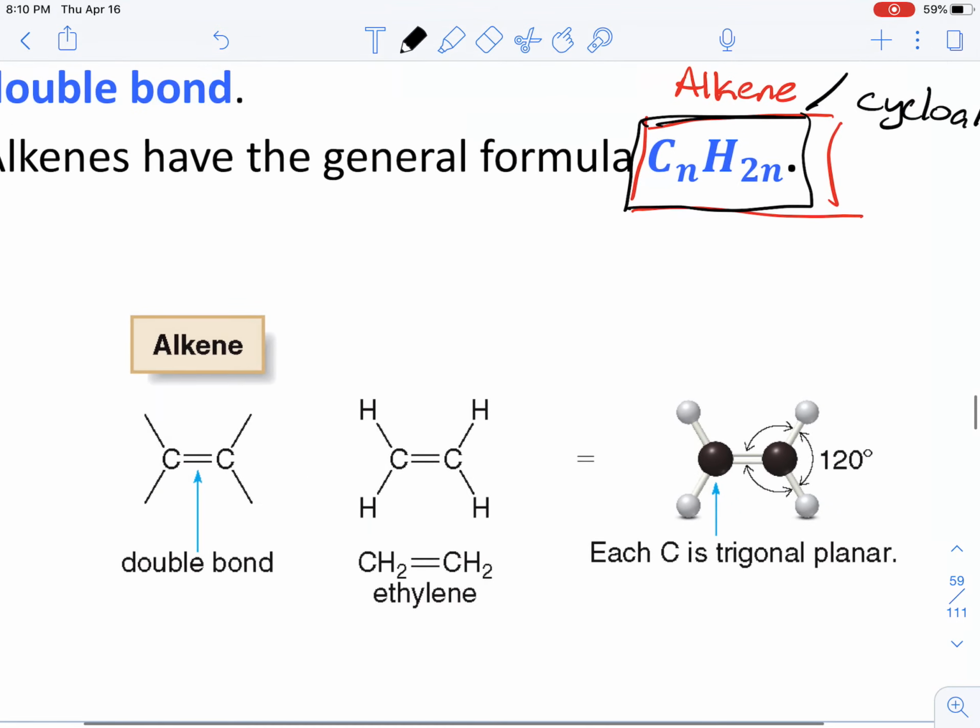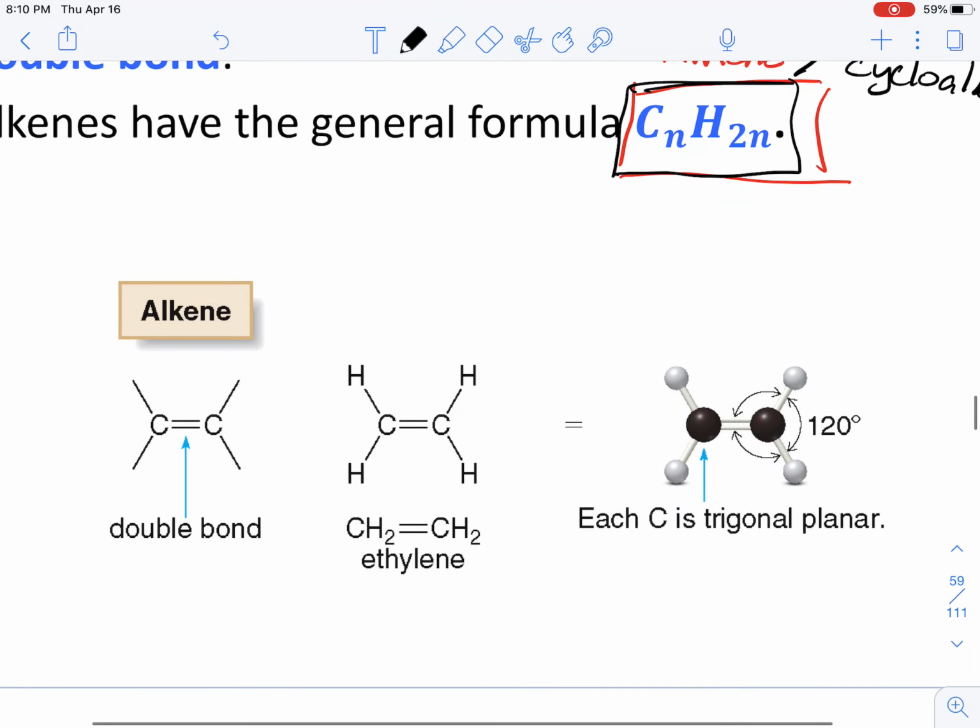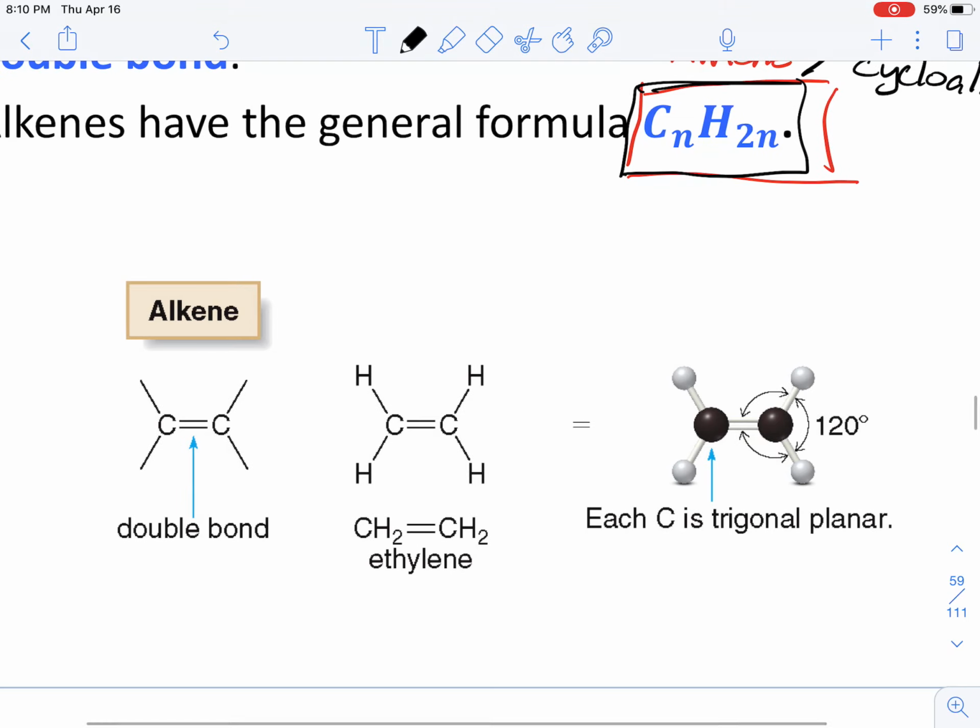All right, so let's go ahead and take a look at this structure. The simplest alkene in organic chemistry is a 2-carbon compound. So the minimum number for you to have a double bond is 2 carbons.